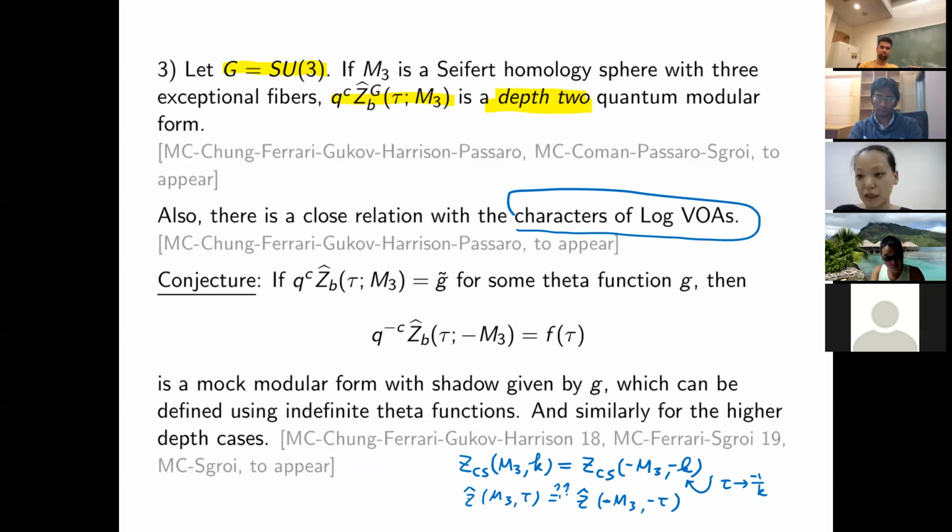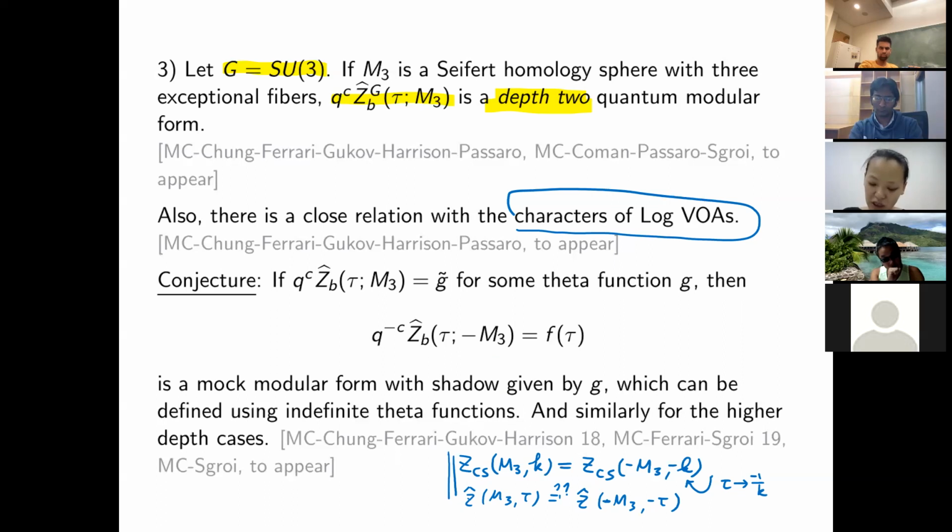But fortunately, in the case that we know that on the one side, the answer is given by a false theta function, which is an Eichler integral of a shadow, some natural mock theta function, then from this number theoretic point of view, it's natural to expect that when you flip the orientation, you actually get a nice mock theta function.